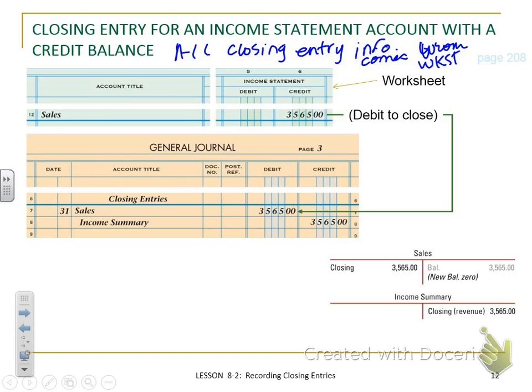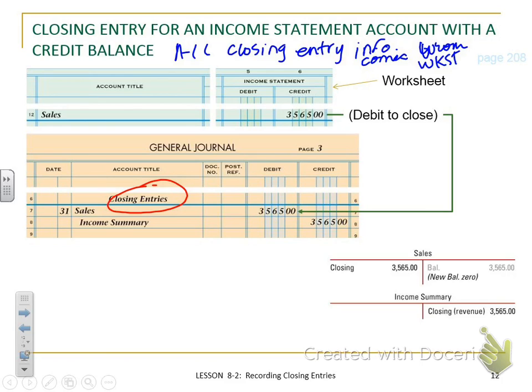Okay? I'm going to do a heading for my closing entries in my journal on my page. And do a heading for my journal entries called closing entries. And now my sales has a credit balance. So to close out my sales, my first entry, again, we're doing them all on the last day of the month, the last day of the fiscal period. Sales is going to be debited.